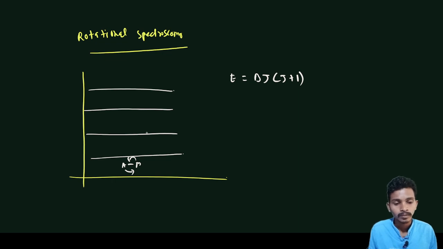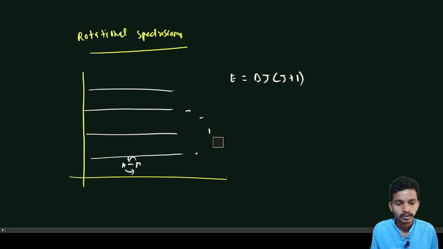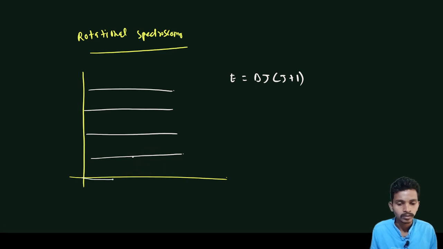Okay. So what we see here is that this is j equal to 0, j equal to 1, j equal to 2, j equal to 3, and j equal to 4.